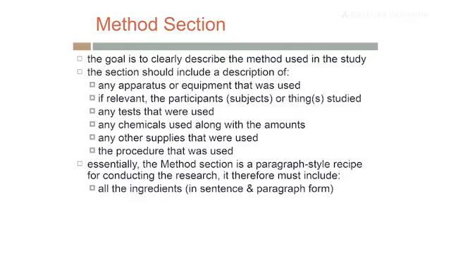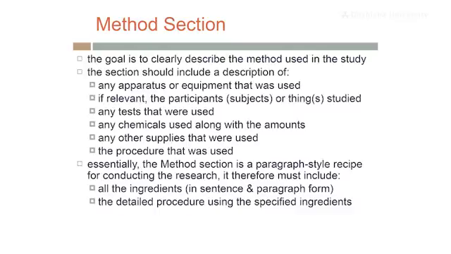For this research, the following items were used, colon, 1, 2, 3, 4, 5. No, not like that. Sentences, paragraphs. Imagine you're explaining what you did in your research to your roommate. Okay, how would you say it? Think about paragraphs and sentences. So make sure all the ingredients get listed and make sure that a detailed procedure is provided. Okay, and of course that will use the ingredients you've just talked about.